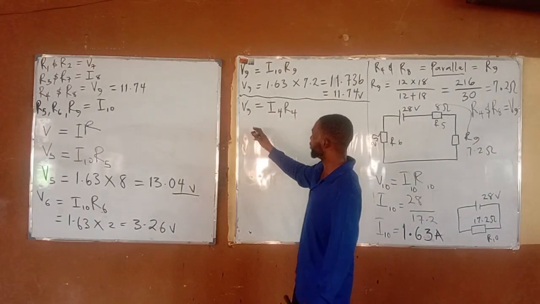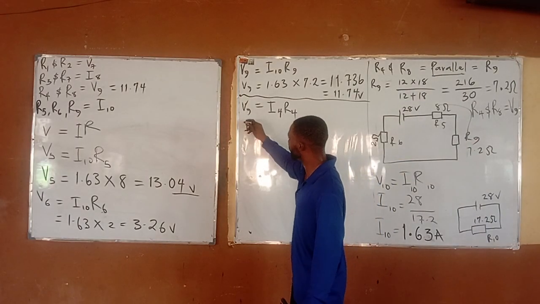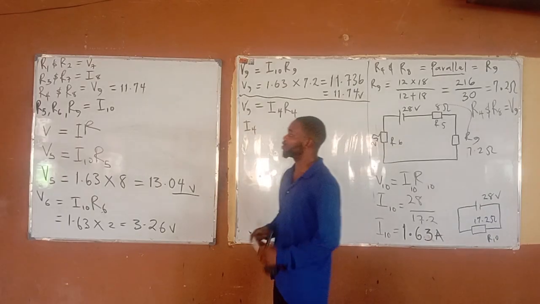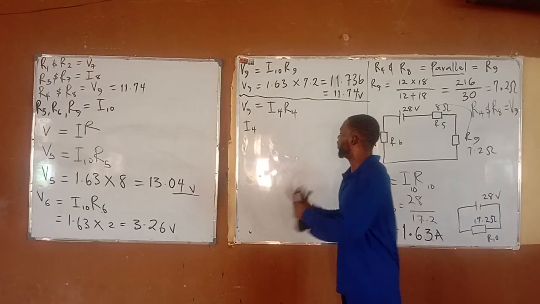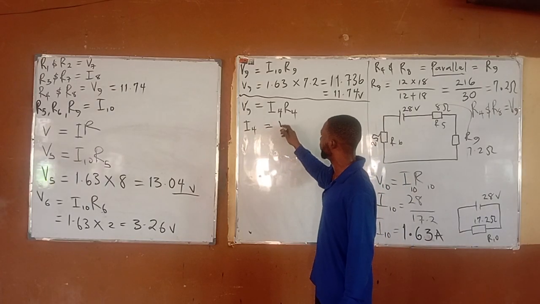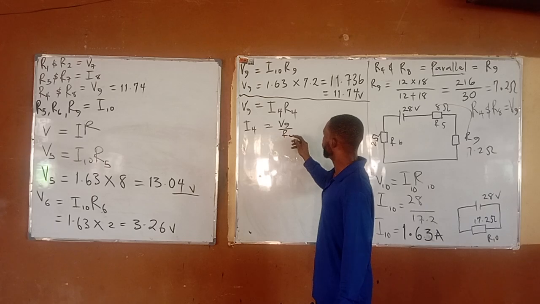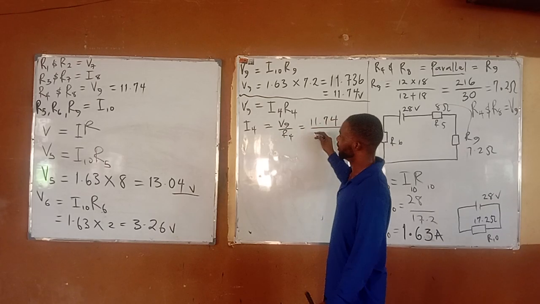So to get the I here, this I4 we are looking for in this case. Anyone that we have this equal to, you see that it helps us know what we are arranging. So we now do I4, which will be equal to V9 over R4, which is equal to 11.74 over R4.